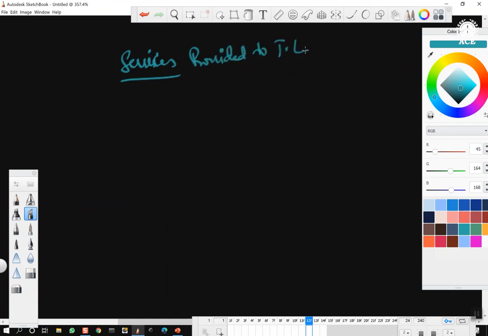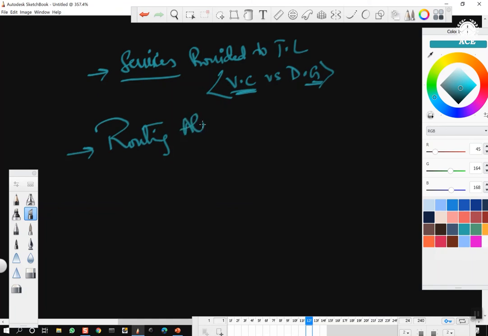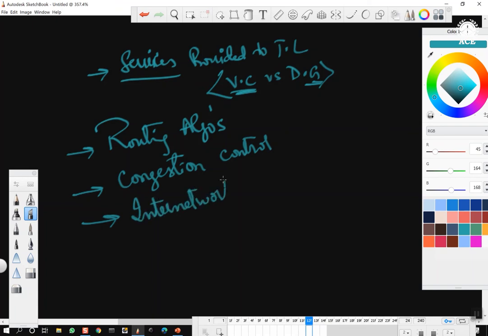Here we are going to talk in detail later about virtual circuits versus datagrams, connection-oriented and connectionless. The second important issue that we will discuss in detail is routing algorithms, which is a primary function of the network layer. Then dealing with congestion control, and finally dealing with internetworking. This is the functionality so far.